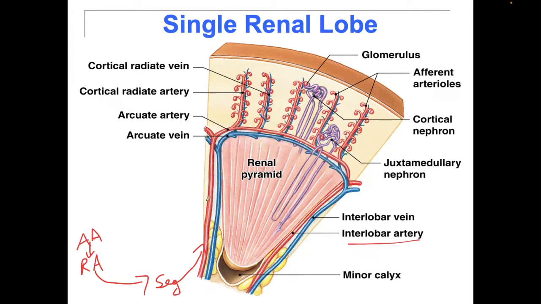And now you can see the interlobar on both sides going up, up, up, going to the base of the pyramid. Now we call it the arcuate artery. And the arcuate artery has extensions radiating into the cortex. Those arteries radiating into the cortex, we just call the cortical radiate artery.